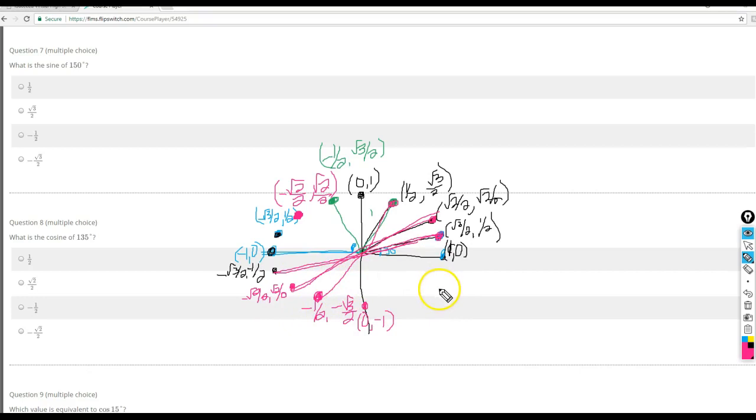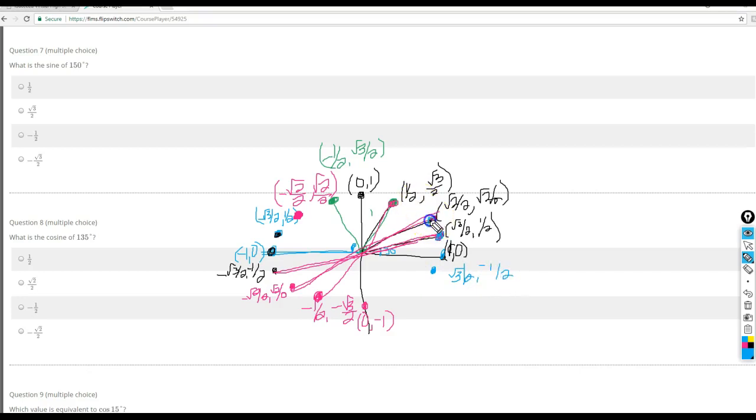And then quadrant 4, cosine is positive since we're to the right, and cosine is our x value. And sine would be negative since we are going down, and sine is our y coordinate. So then if I were to take my 30-degree reference angle and reflect it about this x-axis, it would land right here. And it would be square root of 3/2 and negative 1/2.